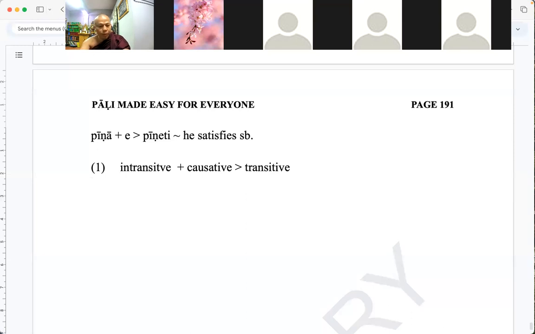So for example, Buddha Sayati. Here is an example. Buddha Sayati means a child sleeps.